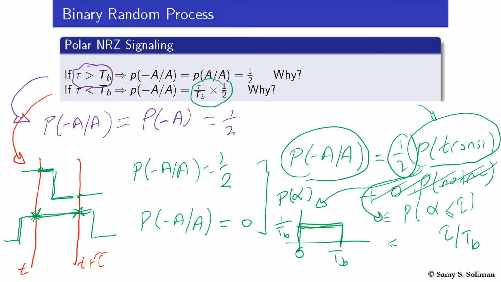In order to proceed, we have to consider both cases, the case when tau is larger than TB and the case when tau is less than TB.